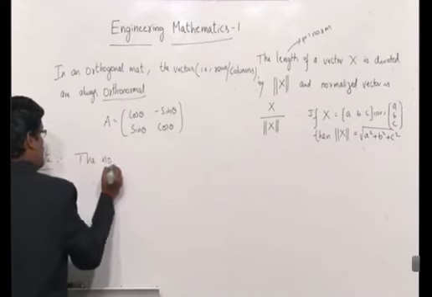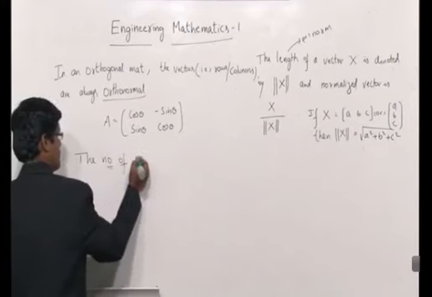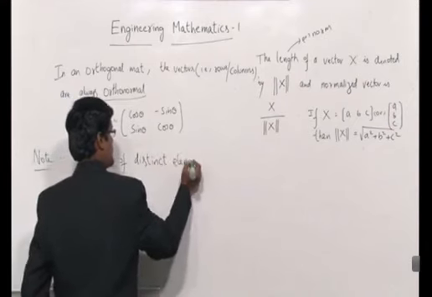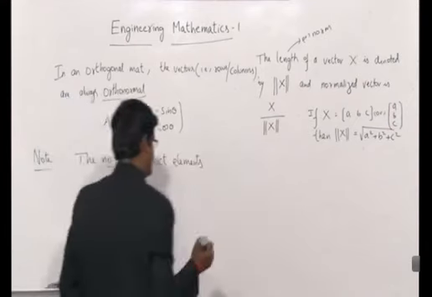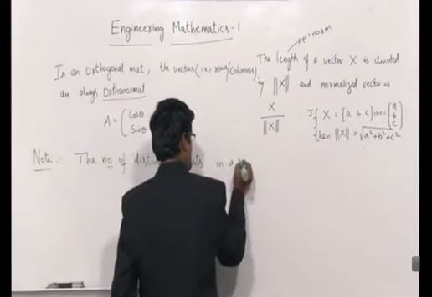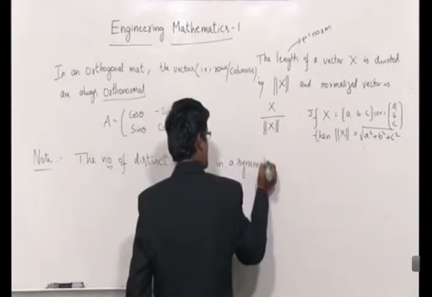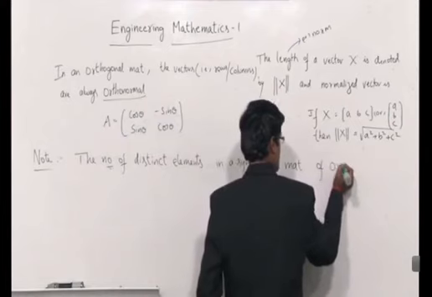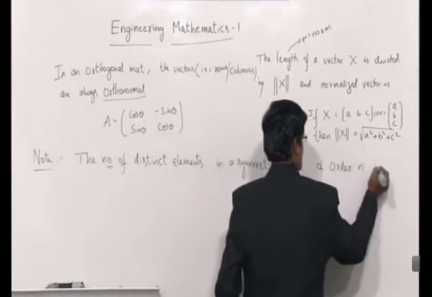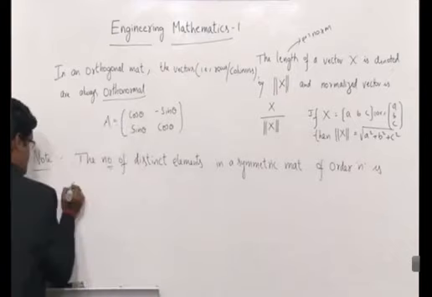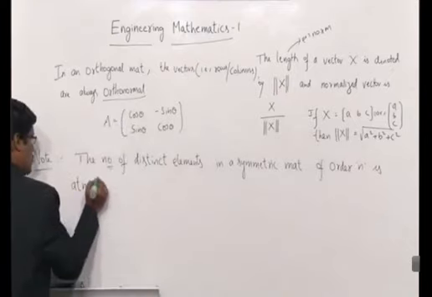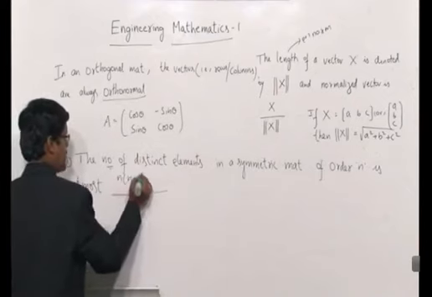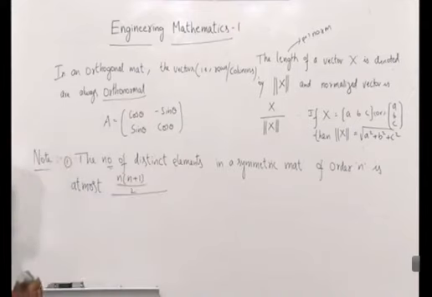The number of distinct elements, that is different elements, in a symmetric matrix of order n is at most, this is the first point, I am giving as fill in the blanks along with the answer, n times n plus 1 divided by 2. Please check whether this is correct or not.